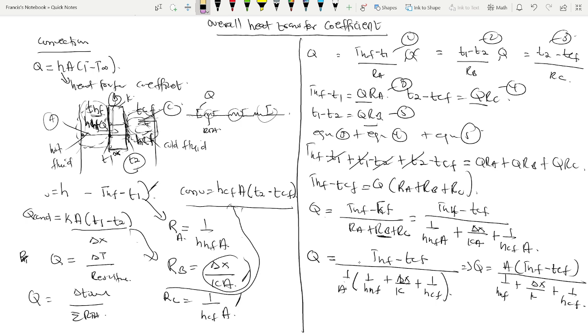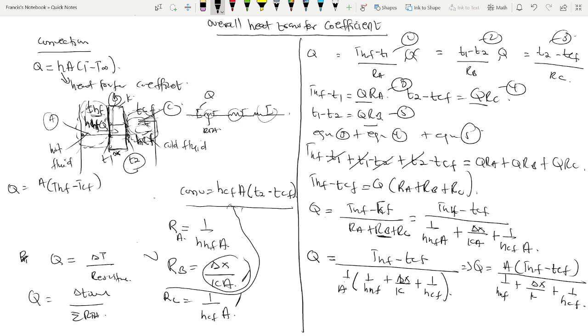So now we are almost done in finding the overall heat transfer coefficient. Okay, so now we know that our Q is equal to A multiplying THF minus TCF all over 1 over HHF plus change in X over K plus 1 over HCF.